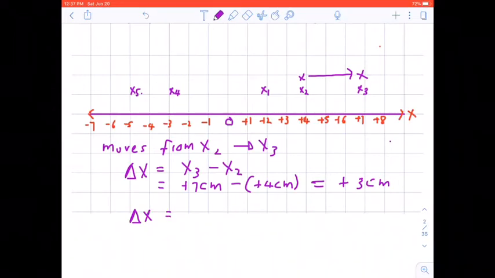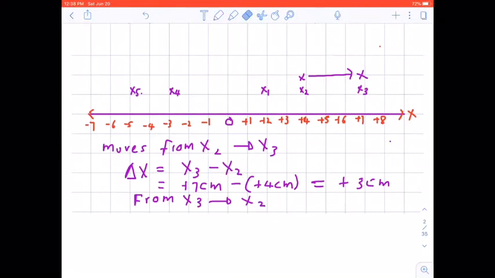Which is equal to, so moving from x3 to x2, right? So let's just put it here, from x3 to x2, okay?